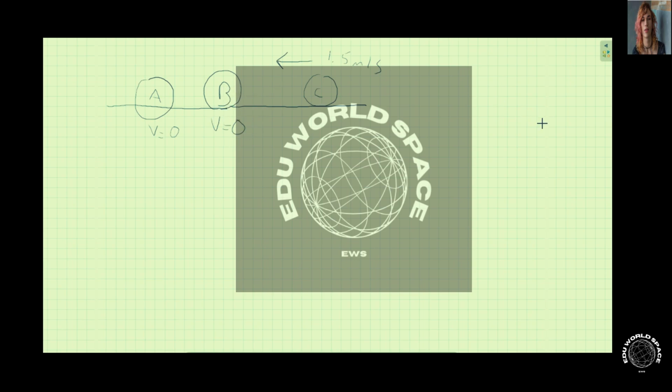So afterward, after all is said and done, right after C has hit car B and B has hit car A, we have car A heading to the left at a velocity of 1.013 meters per second. And that is from solving a previous problem.